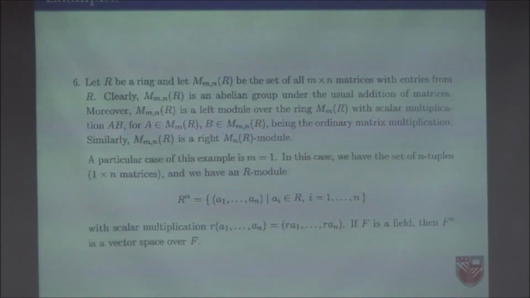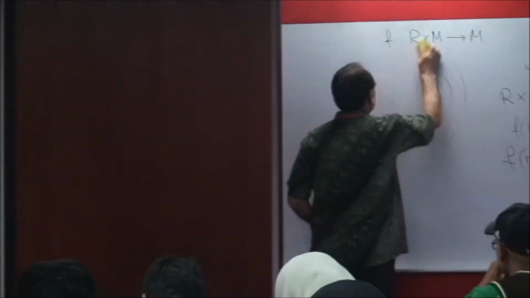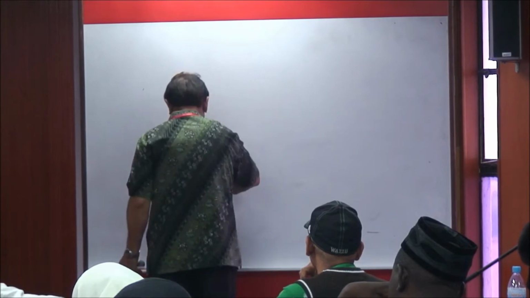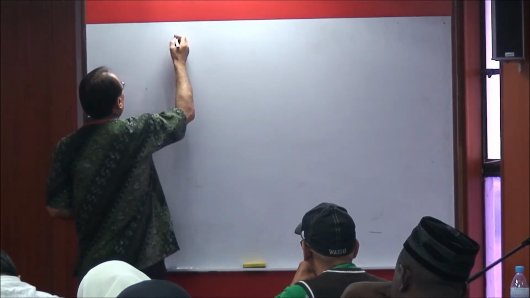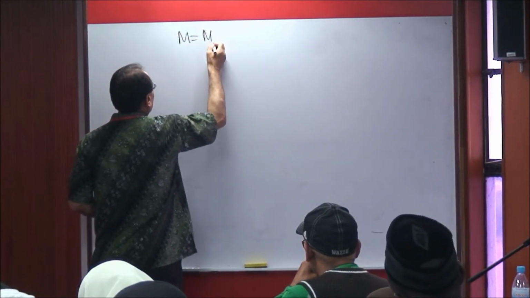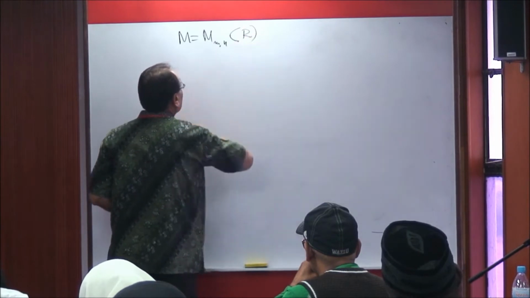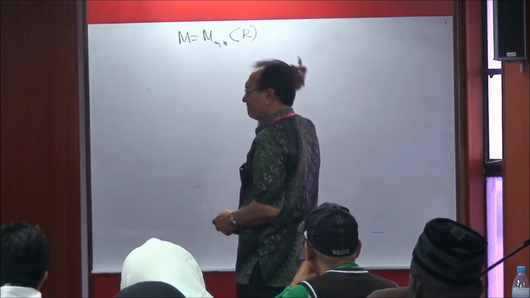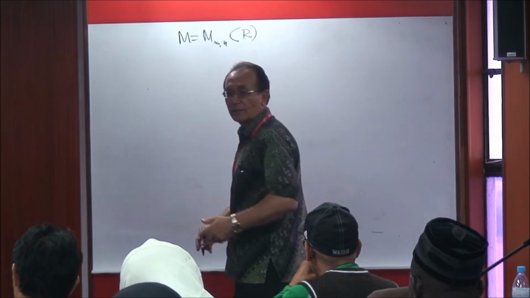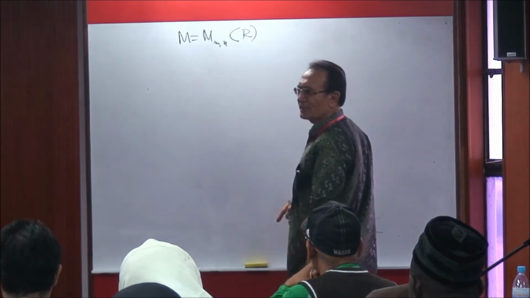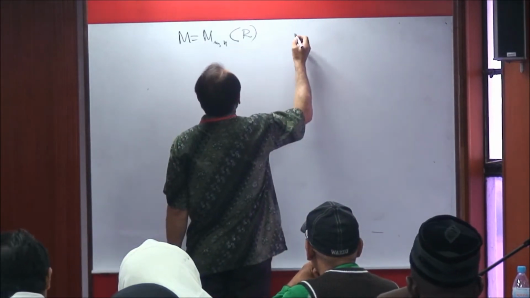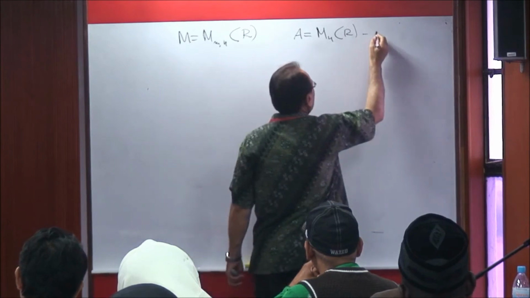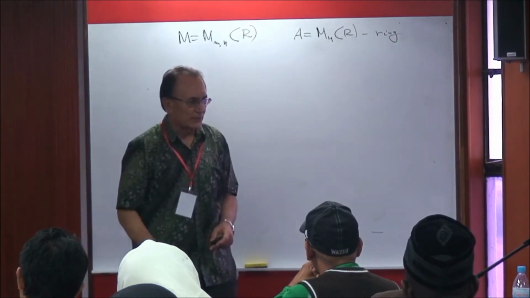Let me define that function F now. So you have M_n over your R. Let me denote it as A. M_n(R) is the ring of n by n matrices.